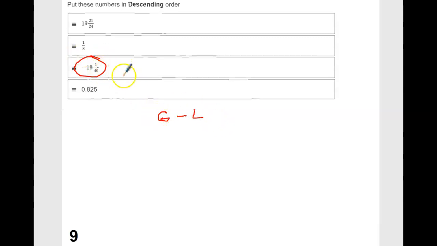So it's going to be my smallest. And I'm just not even going to bother to put in the effort to translate this to a decimal because I know it's going to be my smallest. That's just a lot of extra work, right? Let's not do it. The others, I may or may not need to translate them, okay?